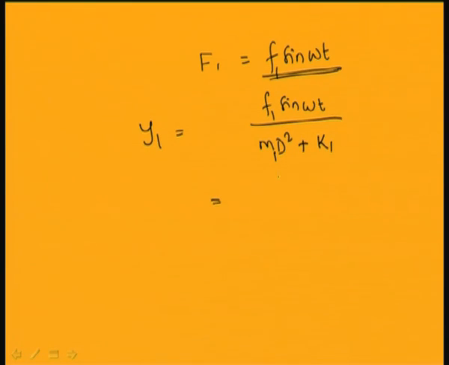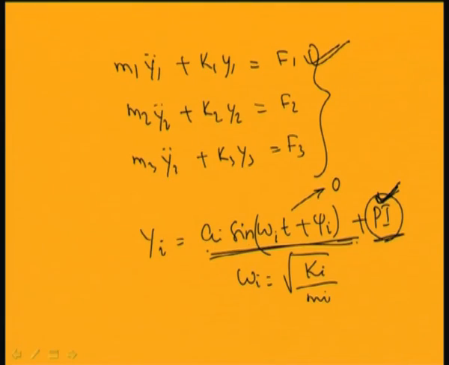So, this becomes f1 sin omega t by minus m1 omega square plus k1. So, this is the particular integral part of the system and the complementary part is ai sin(omega i t plus psi i). So, the summation of these two terms will give y1. Similarly, y2 and y3 can be obtained.